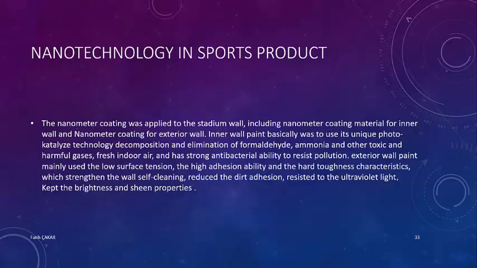Exterior wall paint mainly uses the low surface tension, high adhesion ability and hard toughness characteristics, which strengthen the wall's self-cleaning, reduce dirt adhesion, resist ultraviolet light, and keep the brightness and sheen properties.